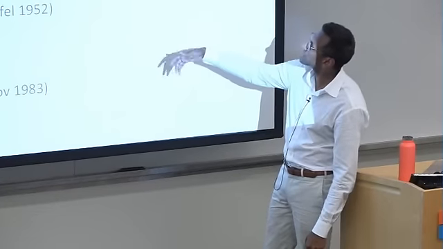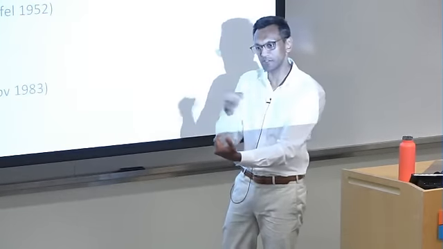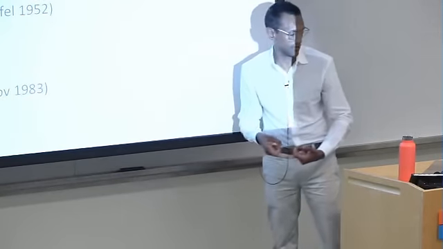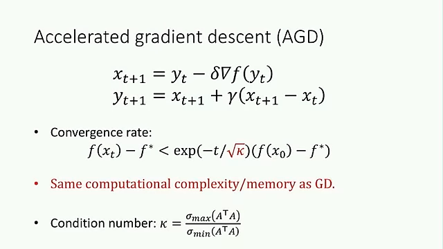But they're all methods which try to beat gradient descent by living in the span of the previous gradients. Okay, and it turns out at the same complexity, the same number of gradient computations, you can very significantly beat gradient descent.